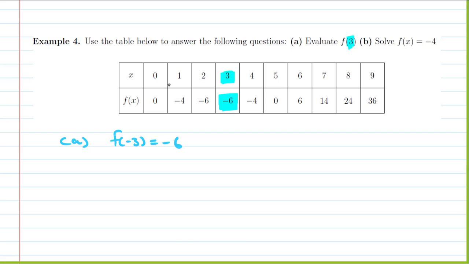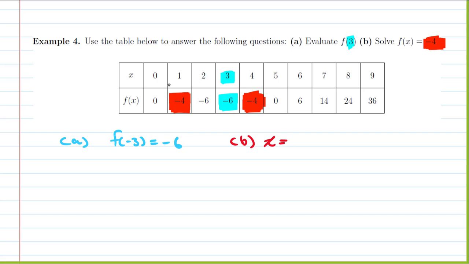Our next one, we're asked to find the x value where our output is -4. So we're going to be using our table backwards. So we find our output of -4, but we notice that it comes in two different places. I have an output of -4 here and an output of -4 here. So this equation is going to have two solutions.